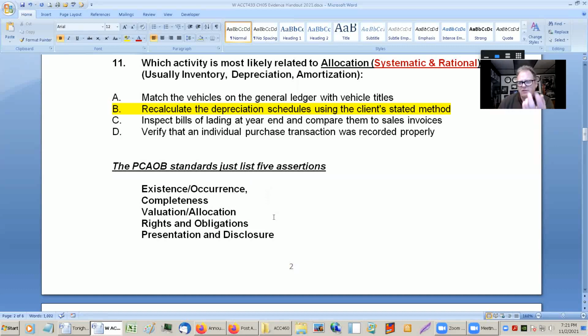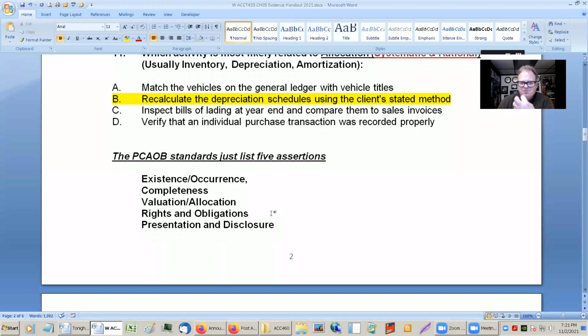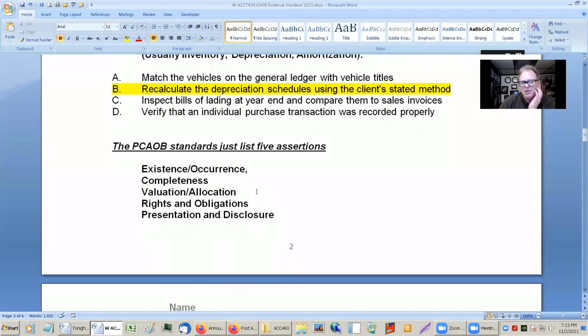They also may even use it for valuation, depending on if it's an intangible thing or like insurance or something. But anyway, they have much fewer things, but they basically test the same thing.